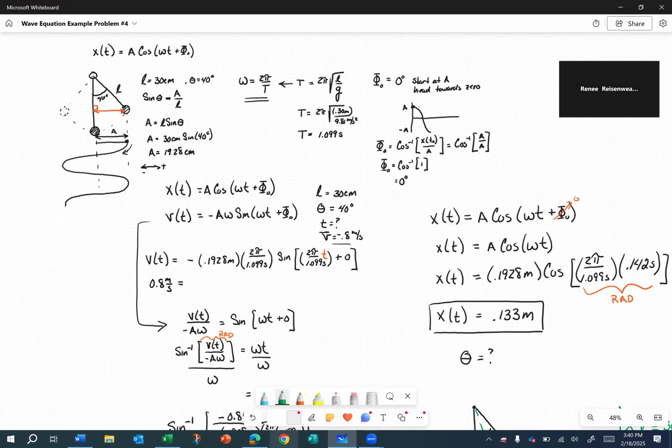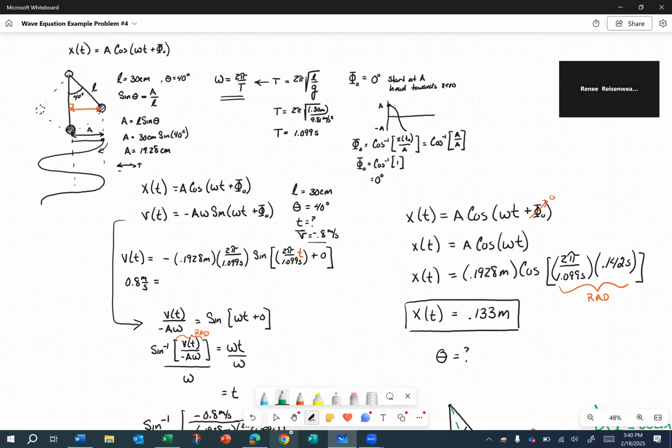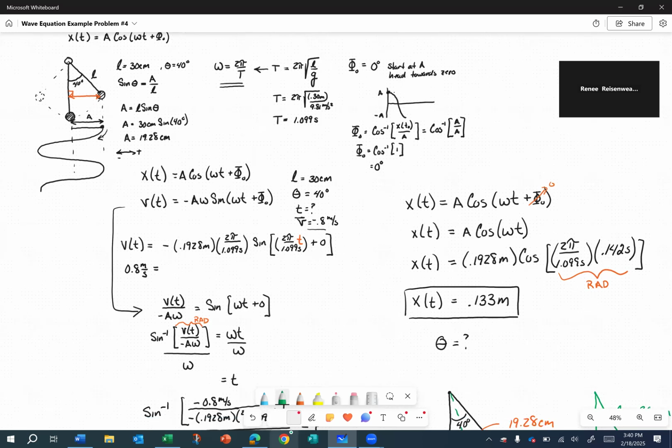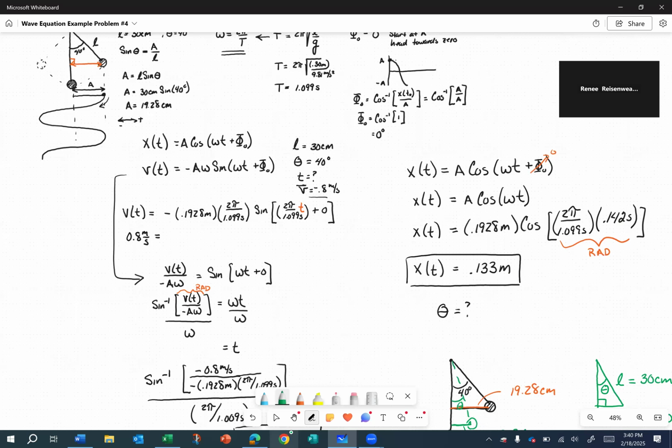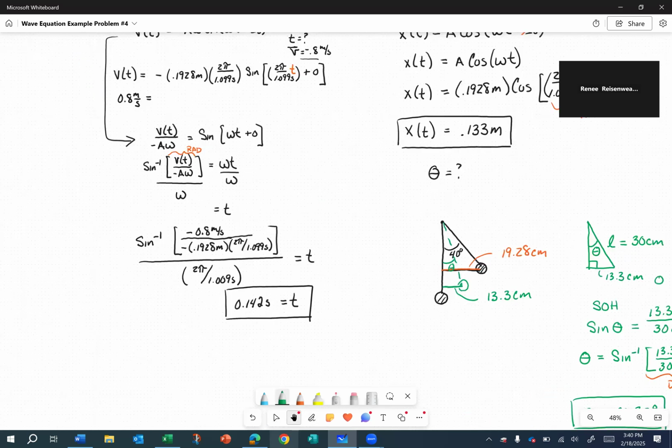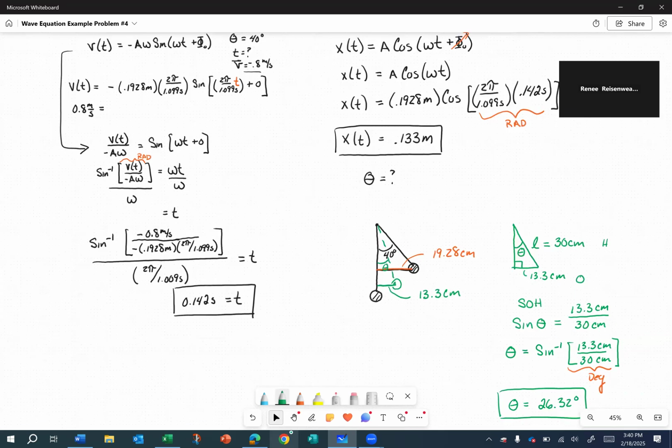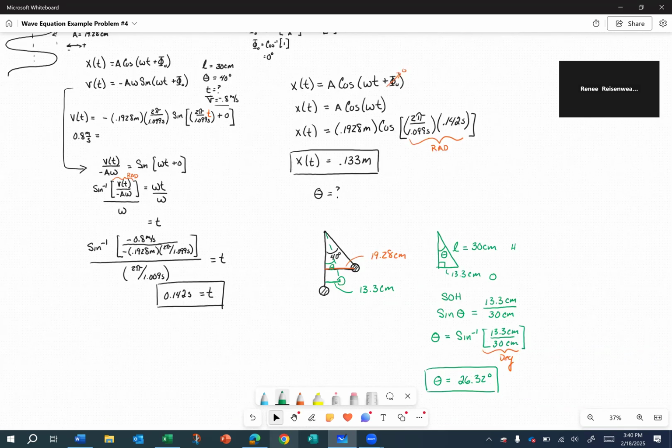Using that, we could find the angular velocity. We had to think about the wave that was created by the setup of the problem to find the phase constant of 0. Plugging those values in, we were able to use the wave equation for position and velocity to find the variables being looked for. A problem to be proud of.